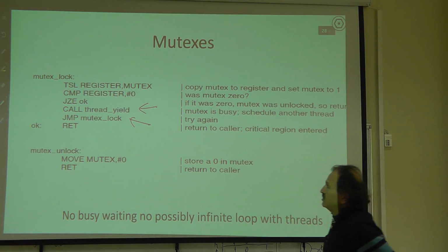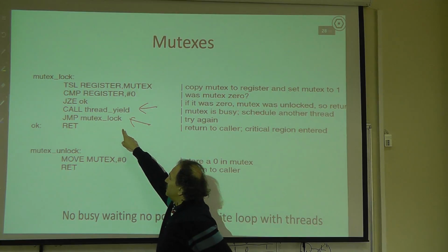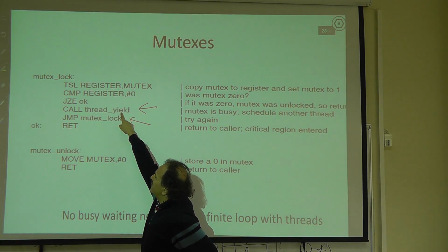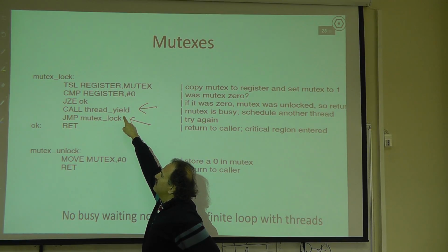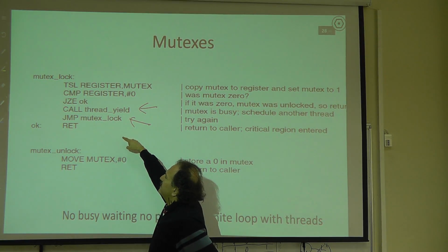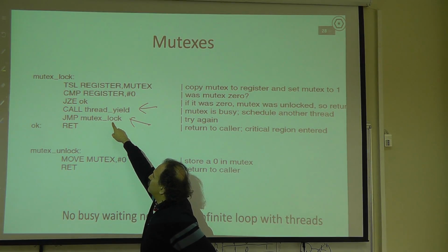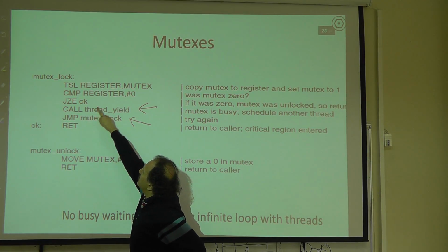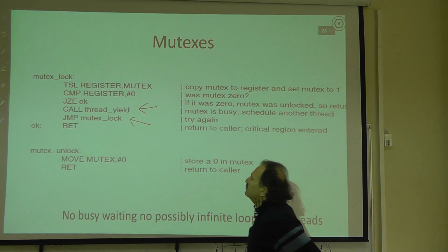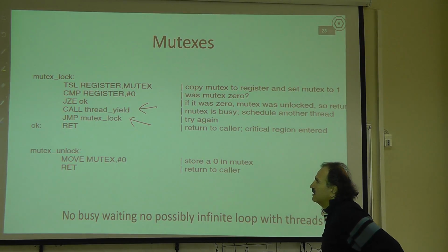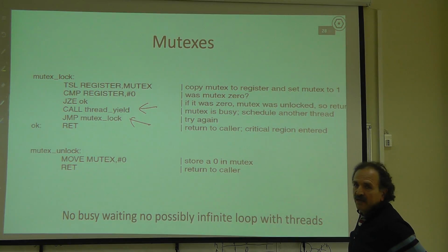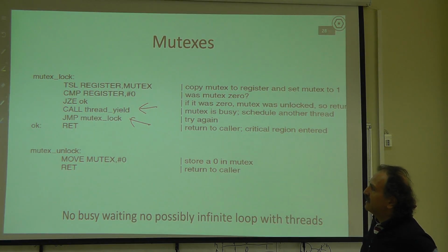So under what situation should I reach this line? I would reach this line after I call thread yield. When it's time for me to start again, the operating system wakes me up, and I would continue from this one, and I would go back to the top, as your friend said, jump mutex lock, and test it again after the operating system lets me run again.